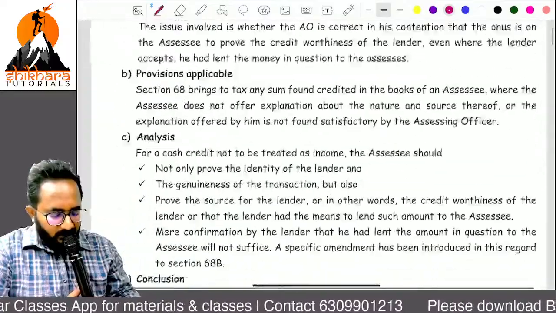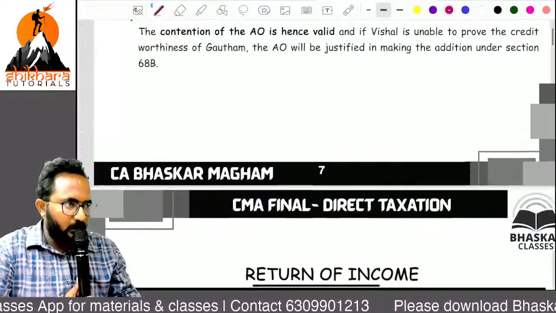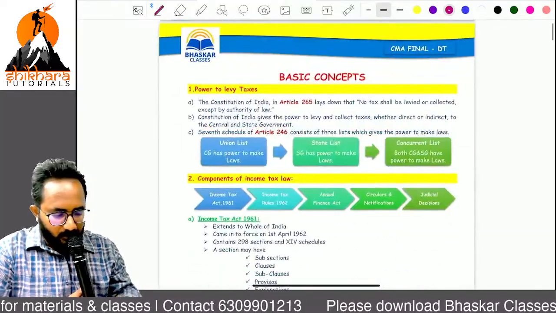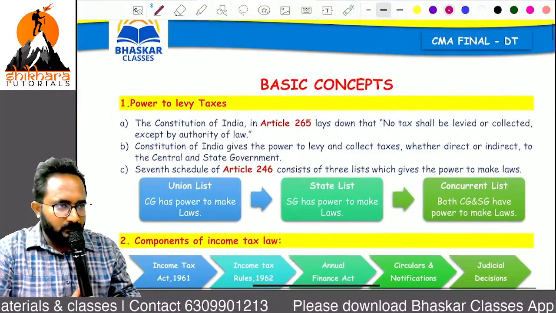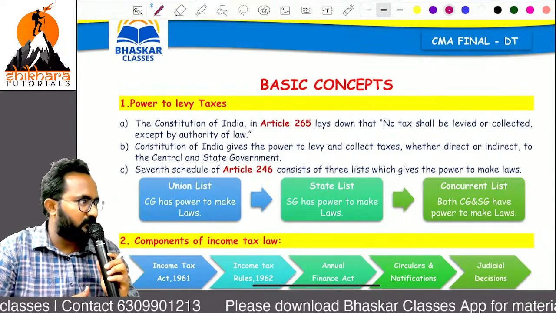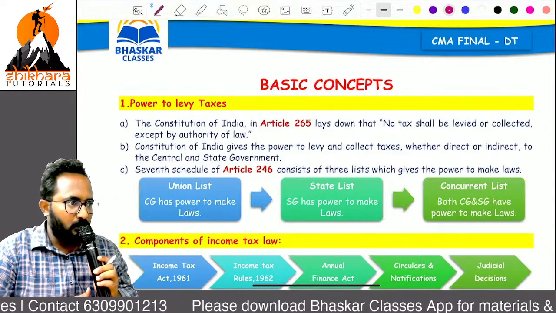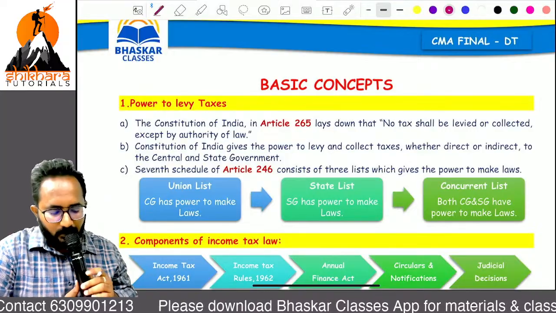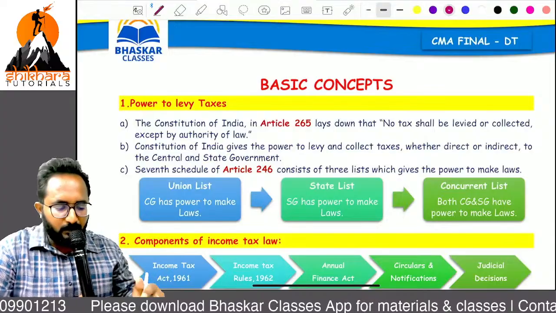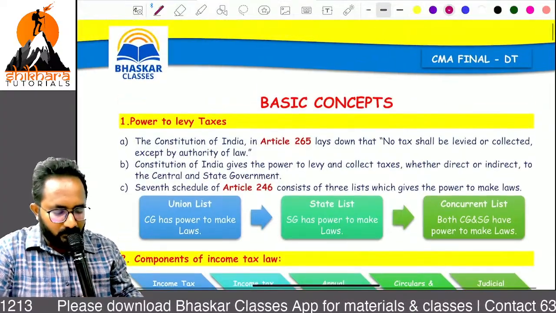How many problems are left, ma? Only one problem. So now we can open the concept book, ma. Till now we have been using the handwritten notes for class purposes, but now please open the concept book and we can cross-verify whether all the concepts of our CMA Final were discussed or not.